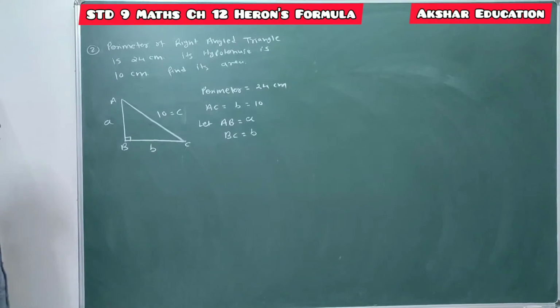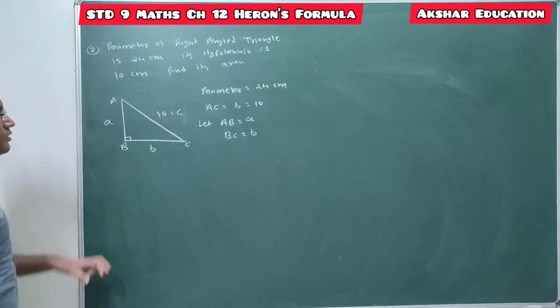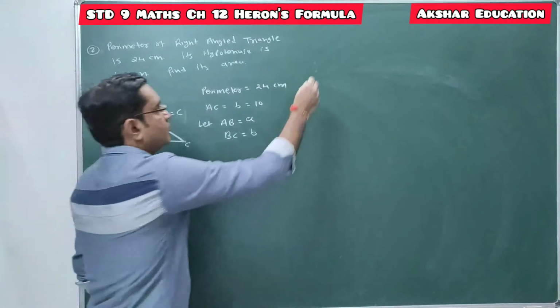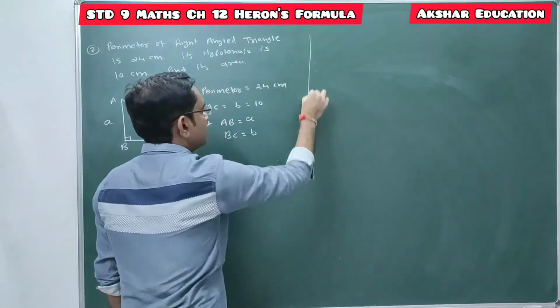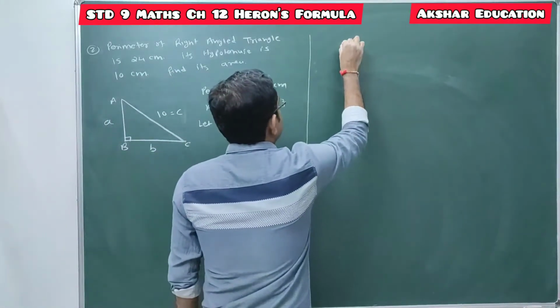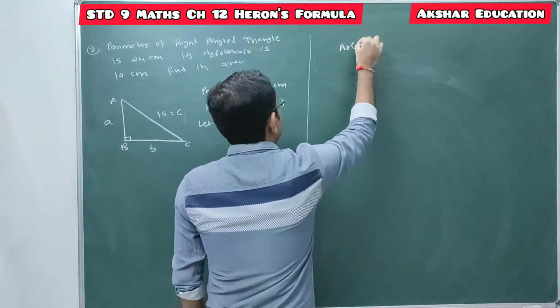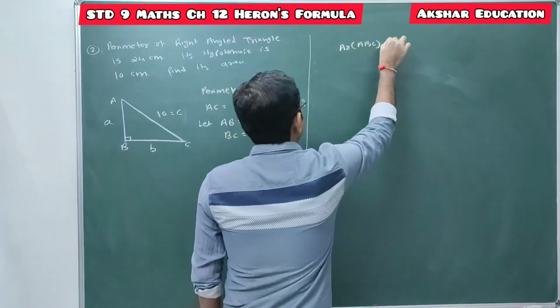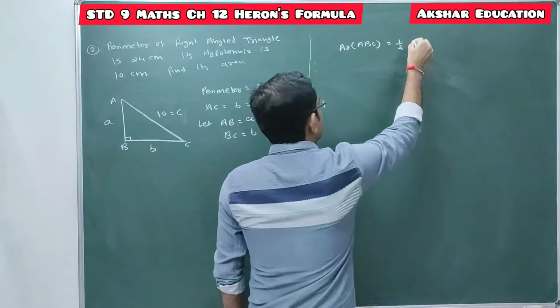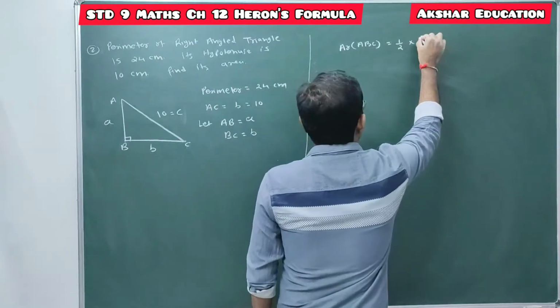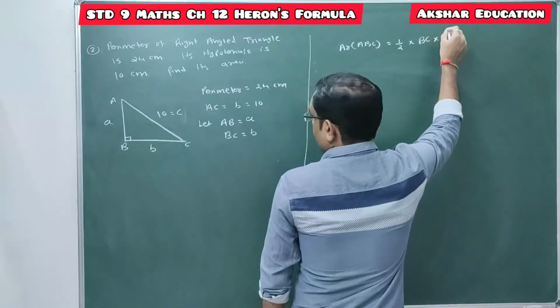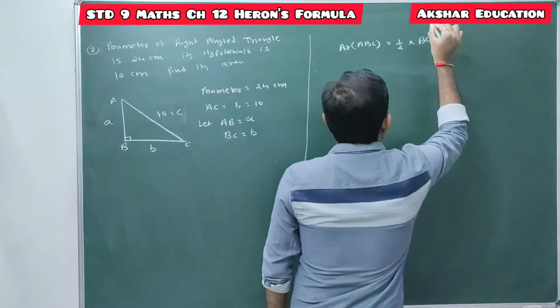So now you have to find the area. So what is the area of this right angle triangle? For the formula, the area of right angle triangle ABC is 1 by 2 into base into altitude. Base is BC and altitude is AB. Clear, students?